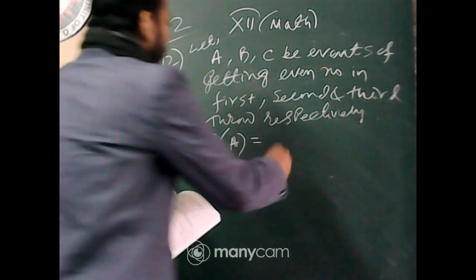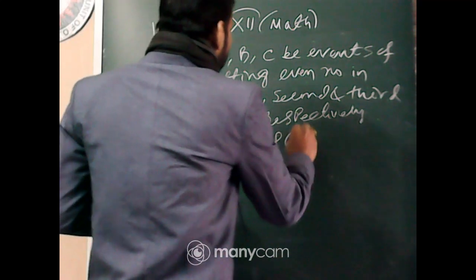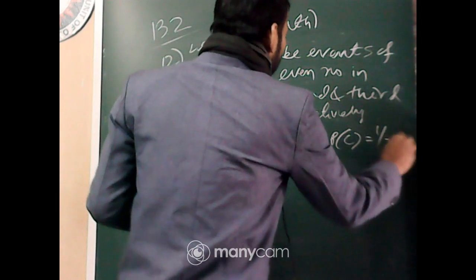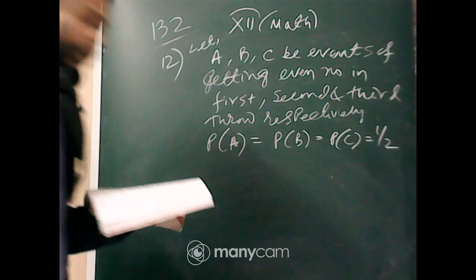So P of A equals P of B equals P of C equals 3 by 6, that means 1 by 2.